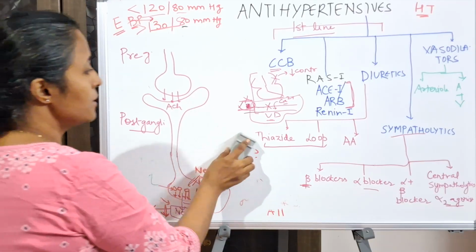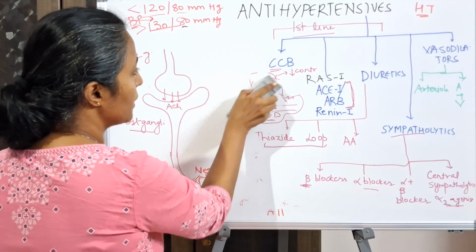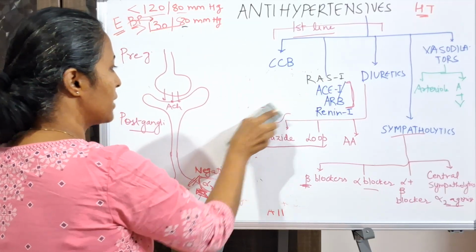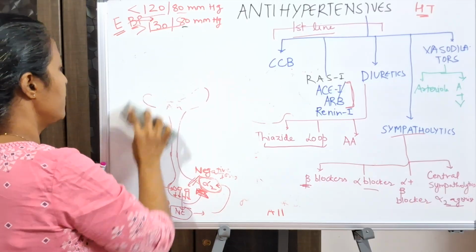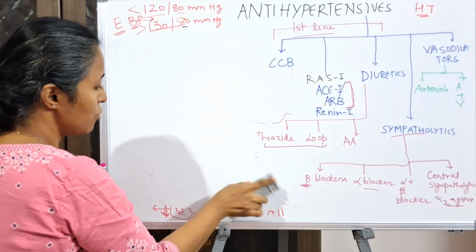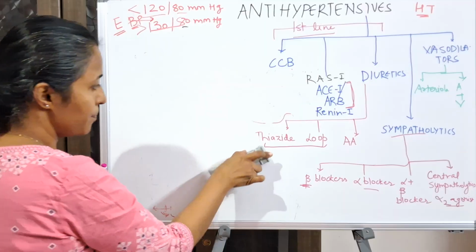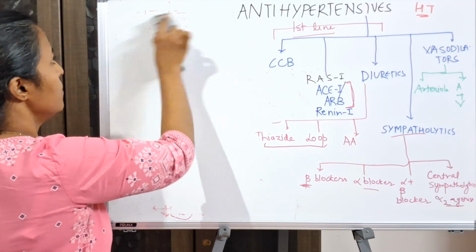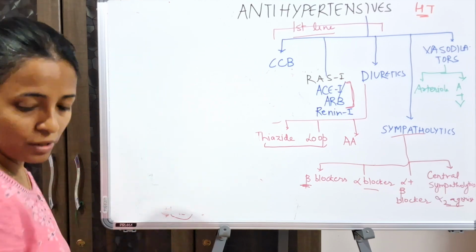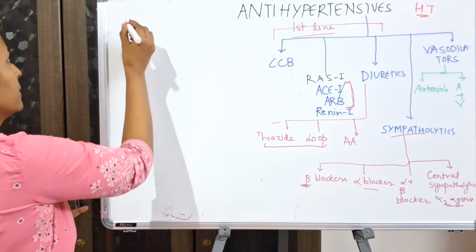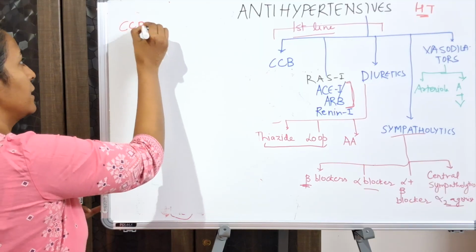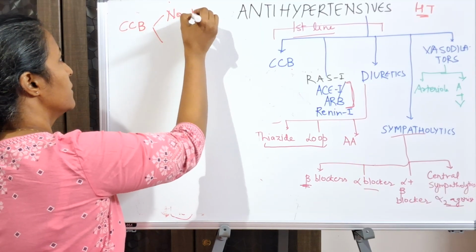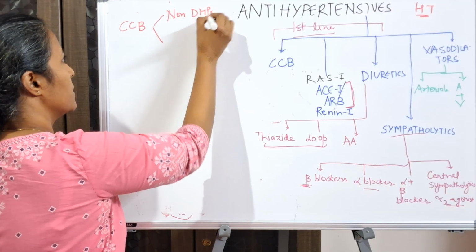So let us go into what are the various indications of these drugs. Very simple, we will try to discuss. What are the various indications of each of the classes of these drugs? Now, first is calcium channel blockers. I said there are 2 types: non-DHP and DHP.